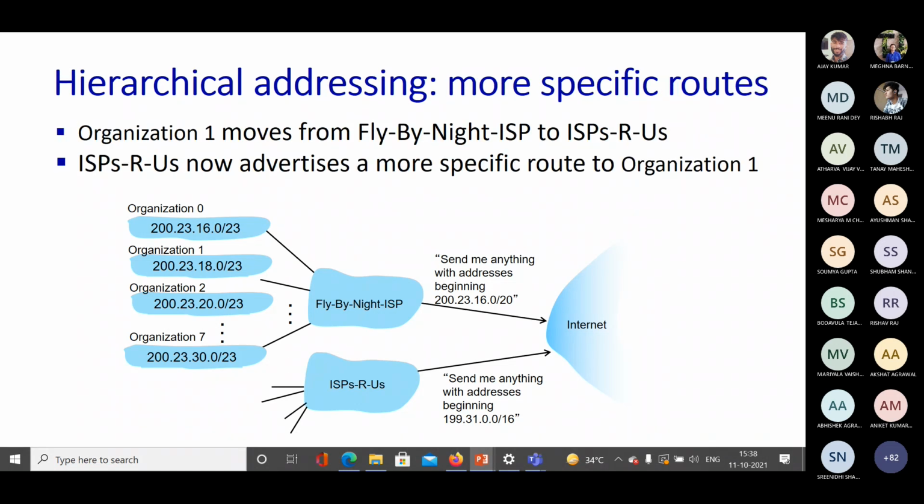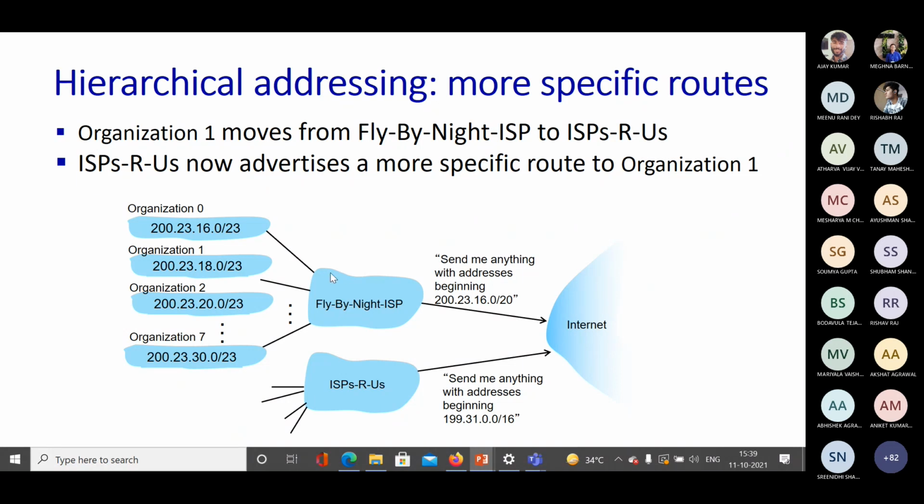Now, if a move happens, say you want to change your ISP from BSNL to Airtel. For our institute also, something like this happened recently; we moved from one ISP to another ISP.